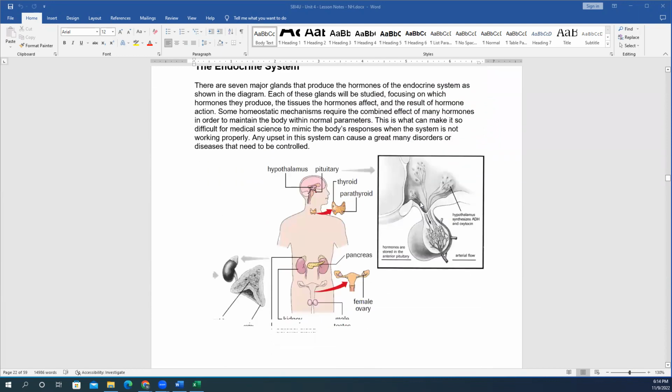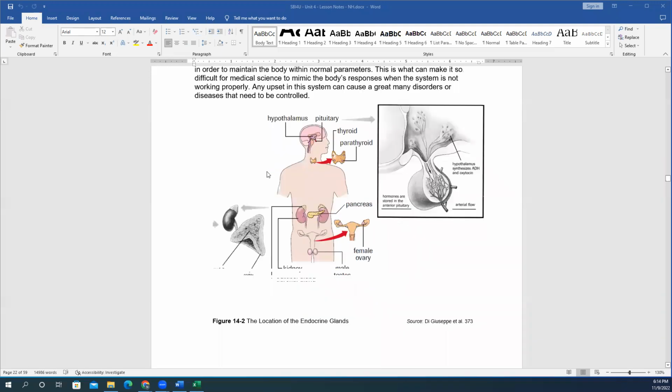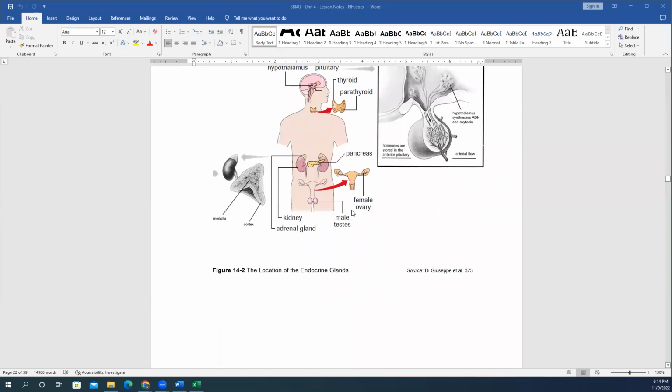Now, our endocrine system has 7 major glands, and these glands are responsible for producing hormones of the endocrine system that are shown here in this diagram. And each one of these glands: the hypothalamus, the pituitary, the thyroid, the parathyroid, the pancreas, and then the ovaries in the female, the testes in the male, as well as the kidneys and the adrenal glands.